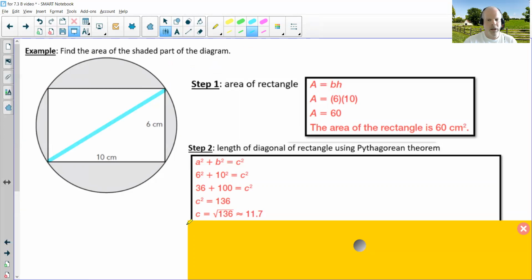So now I have a number I can deal with to determine the area of the circle. Now, the 11.7 is the diameter of the circle, and for the area of a circle, we need the radius. But that just means we chop this number in half. So we'll use half of 11.7 to find the area of the circle.